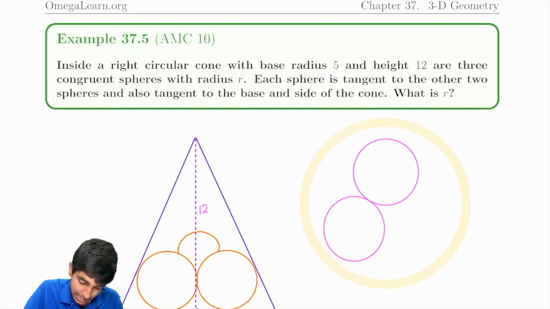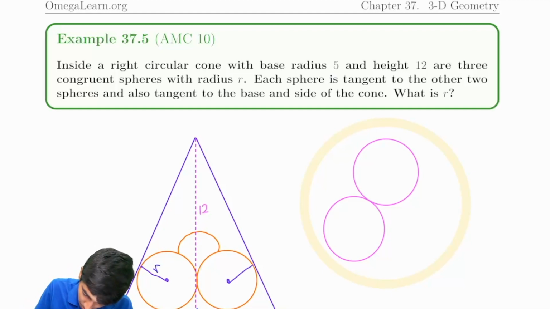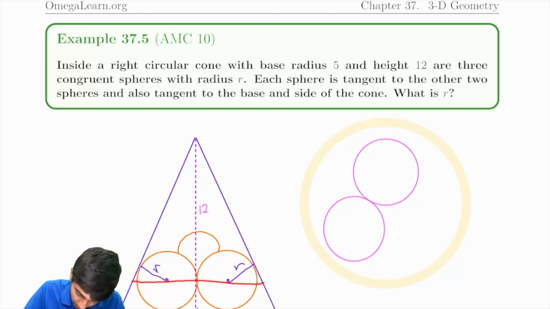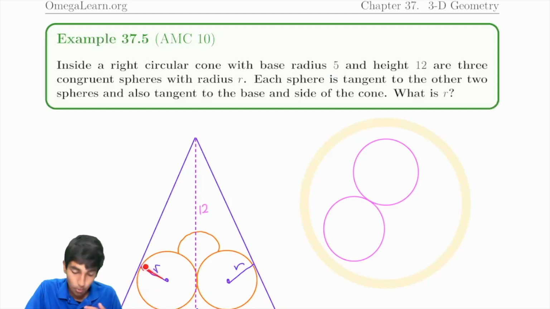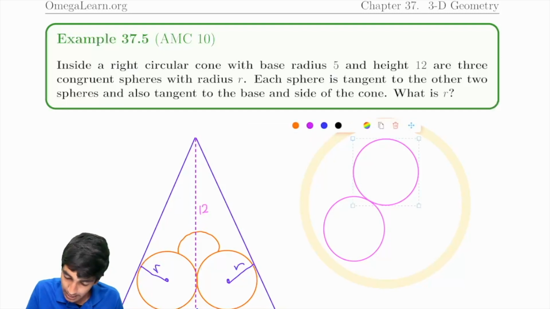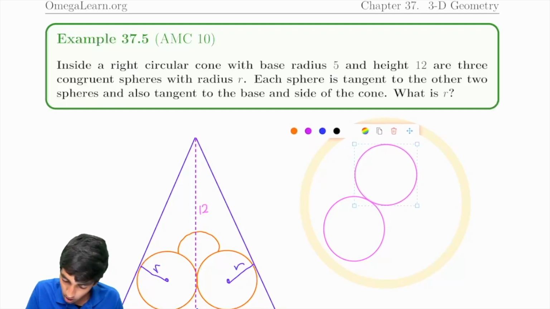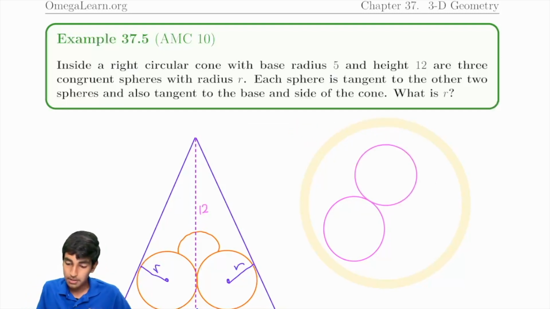Let's draw the radii in. R, R. Notice how in this cross-section, these circles are actually not touching because they're tangent at a point that's above. So we have to be very careful here because it's a wrong assumption to assume that they're going to be tangent to the orange circle.